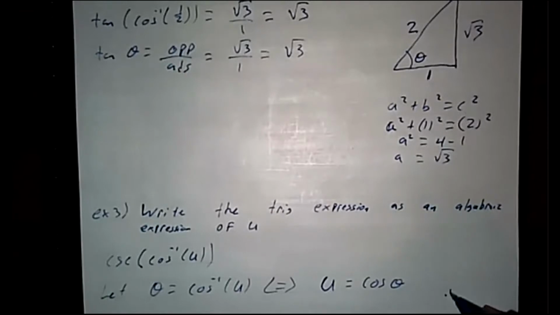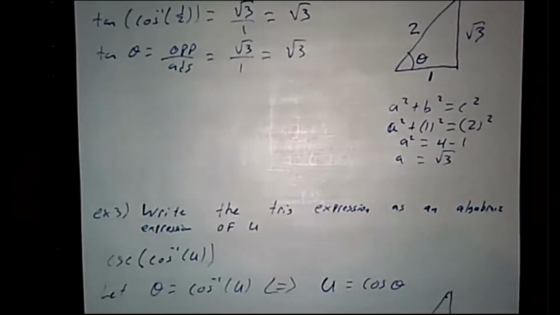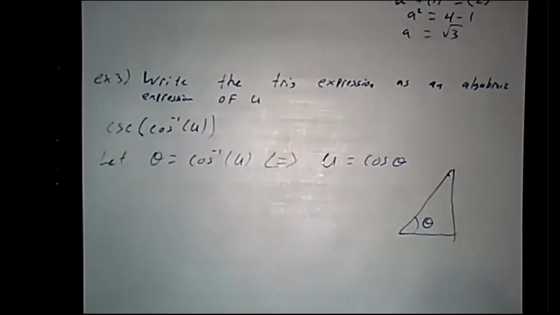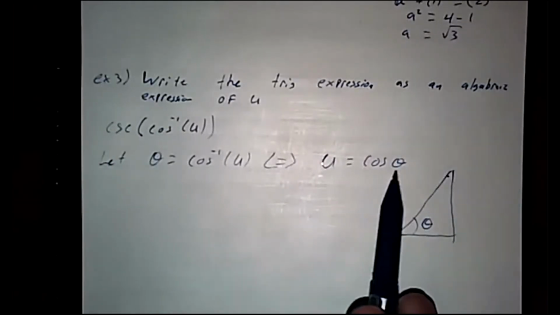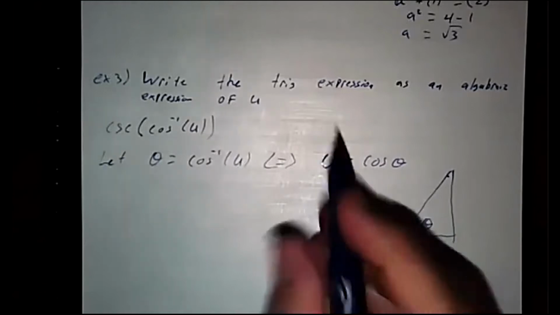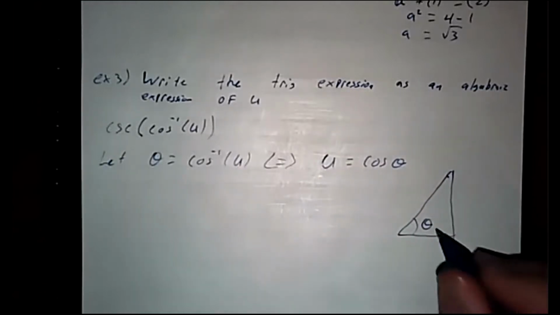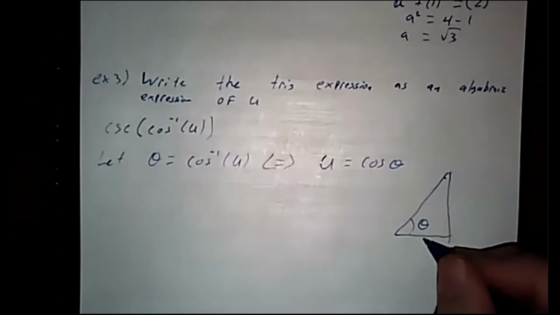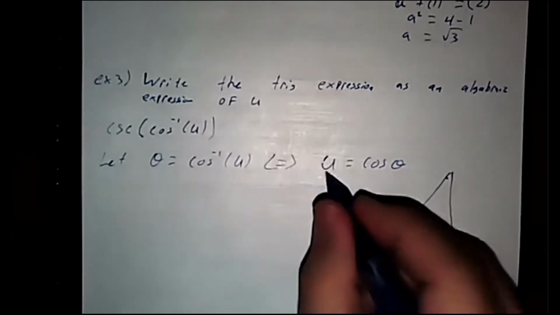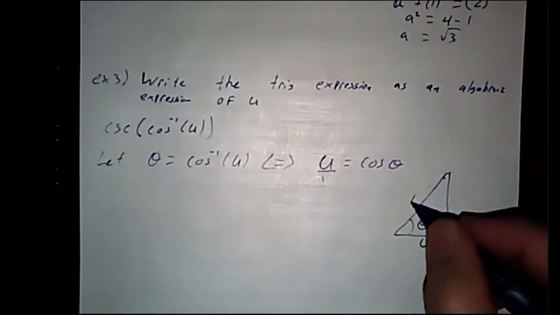So build your triangle. Cosine is adjacent over hypotenuse. So there's the u, and there's always an invisible 1, so you put a 1 here.